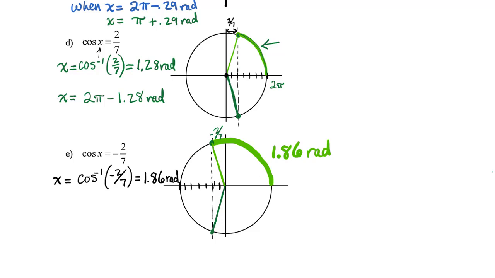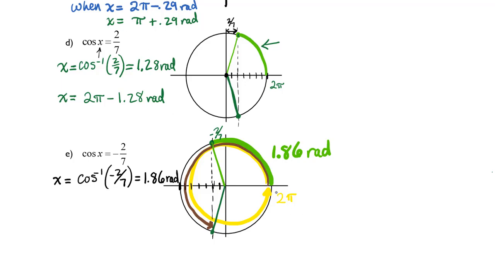If I travel around the entire circle, I want this angle here, the one in brown. I want this angle that would be provided in the 3rd quadrant. But that means I need to go all the way around to 2 pi, and then I need to subtract this radian measure that I found previously.